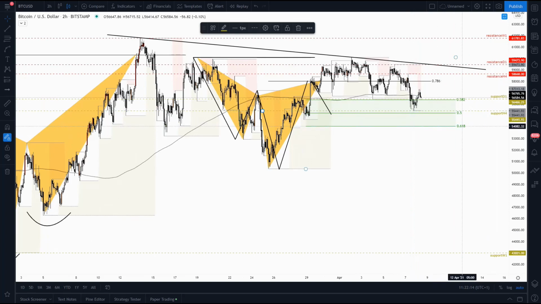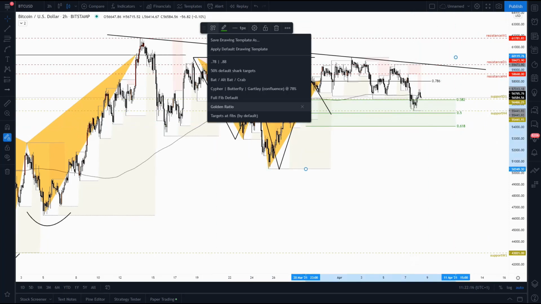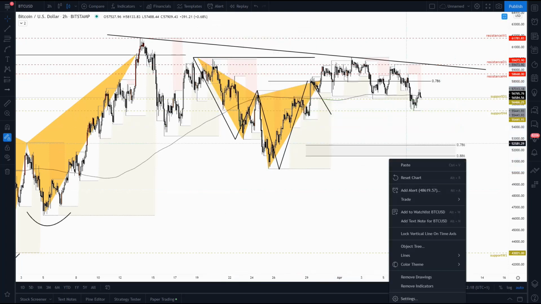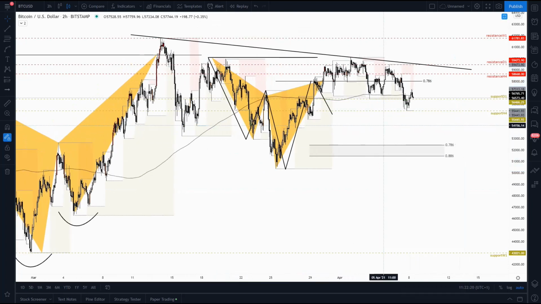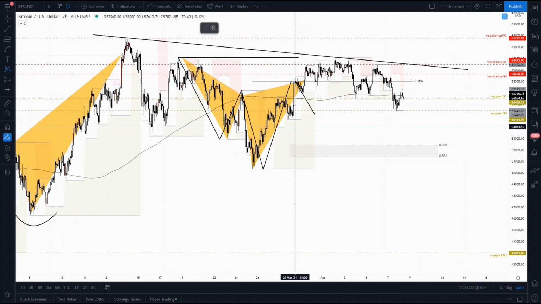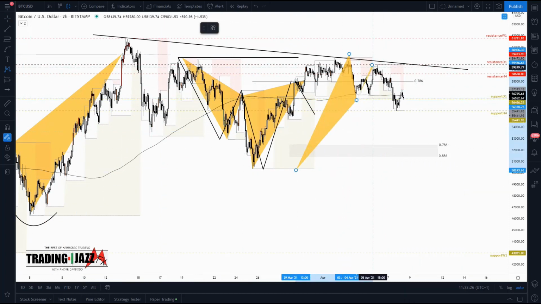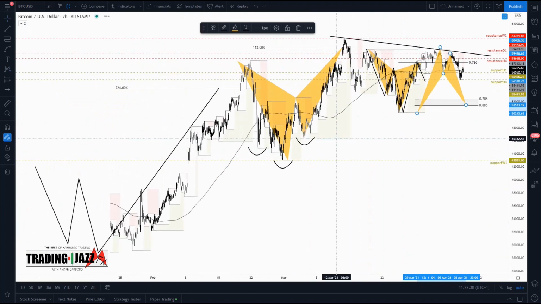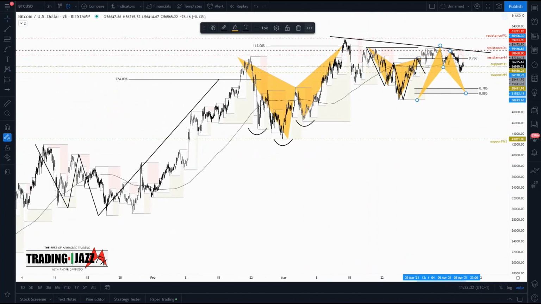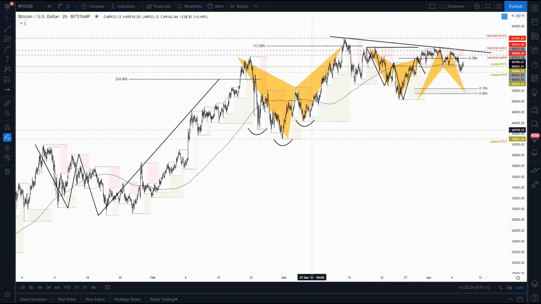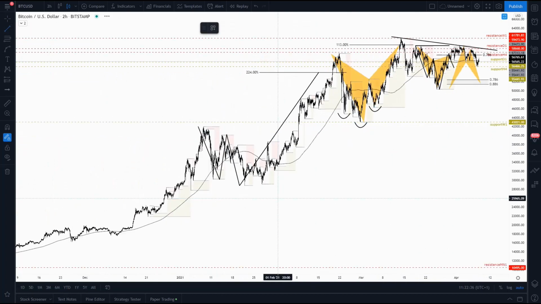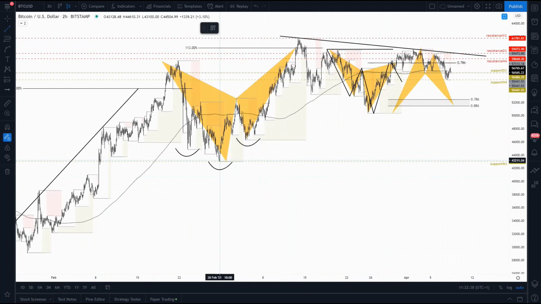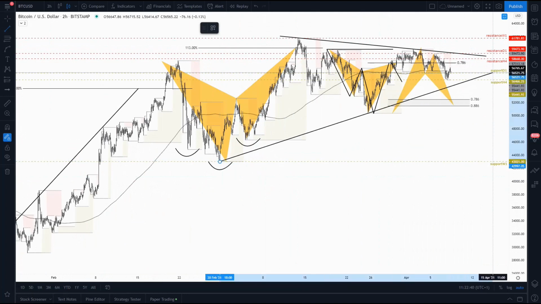And what we can have here is something similar to a bullish bat pattern. So if the market decides to retest these lows, which will put the price, as I showed you before, at this trend line resistance or trend line support. Actually, it needs to break this trend line.